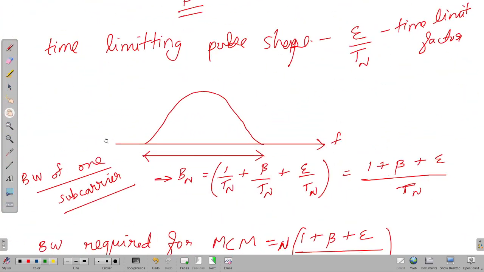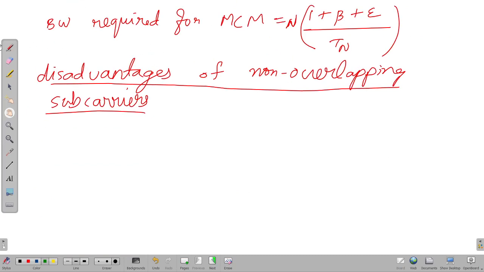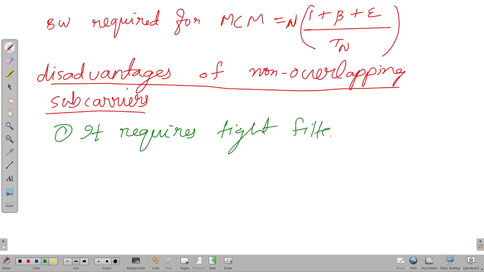Let me consolidate everything here. The first disadvantage is that it requires tight filtering, which means very sharp filtering.